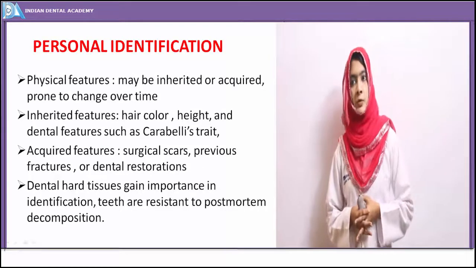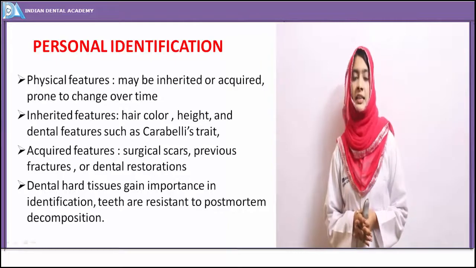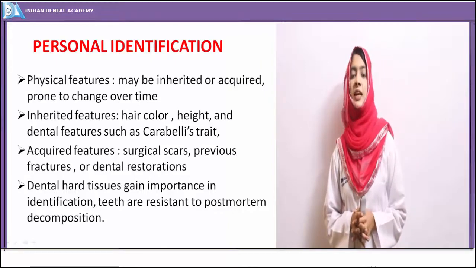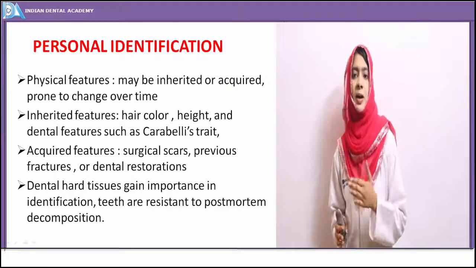Initially, before dental identification, the skeletal remnants of a body were identified personally. The deceased individual was identified by his family members.